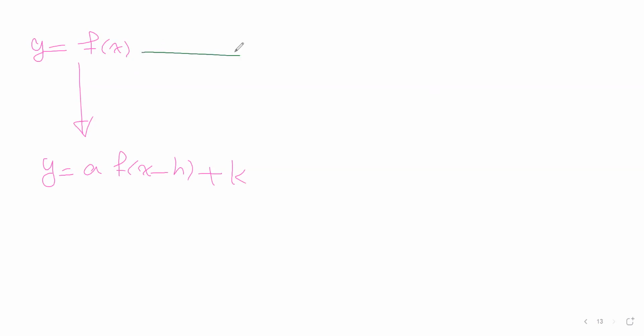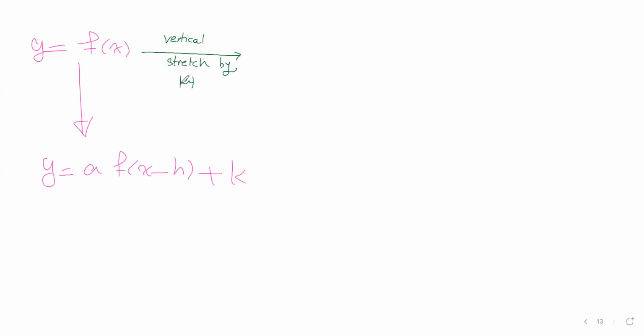So first you start with stretch. And you wake up, the first thing you do is to stretch, right? So stretch first. That's how to remember. So let's do vertical stretch first. Vertical stretch by a, assuming by absolute value of a.